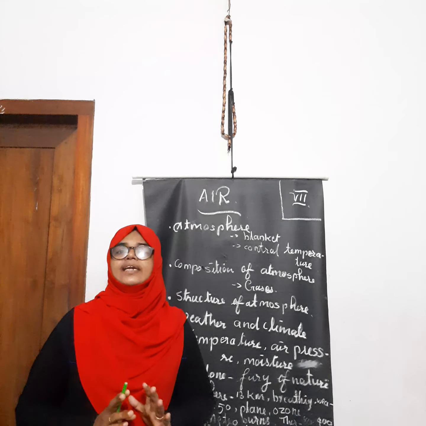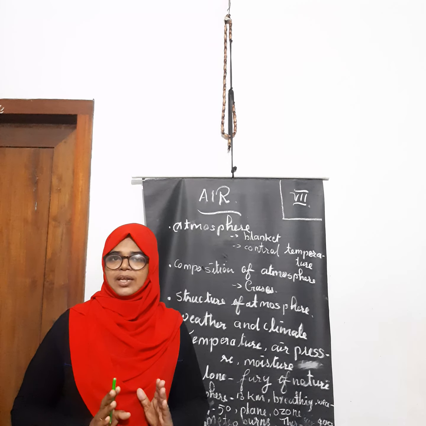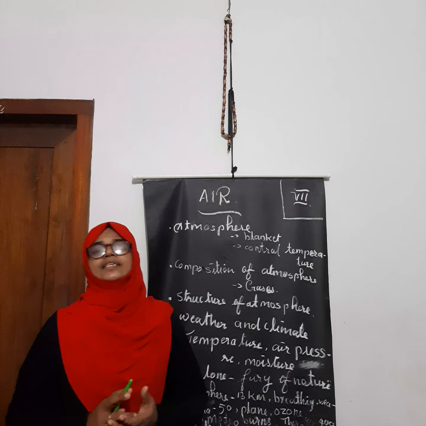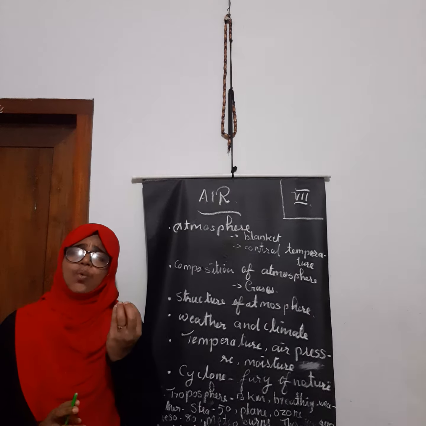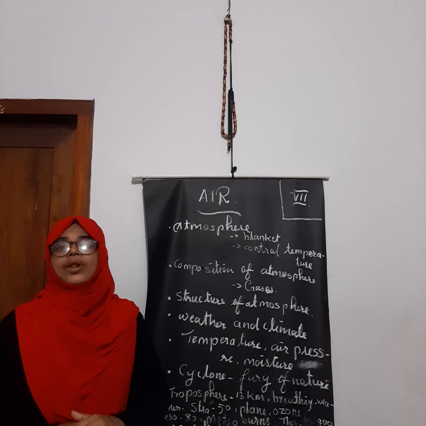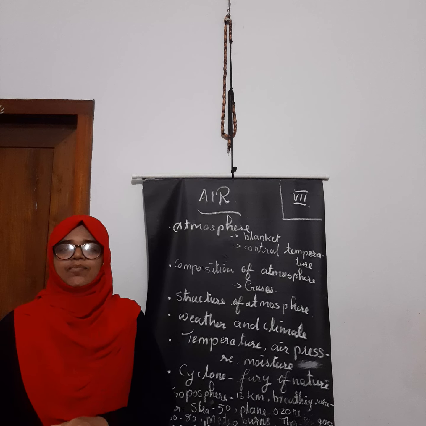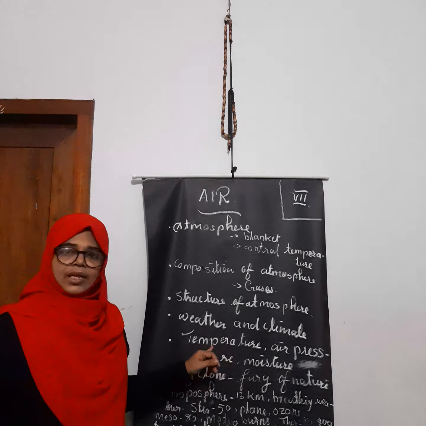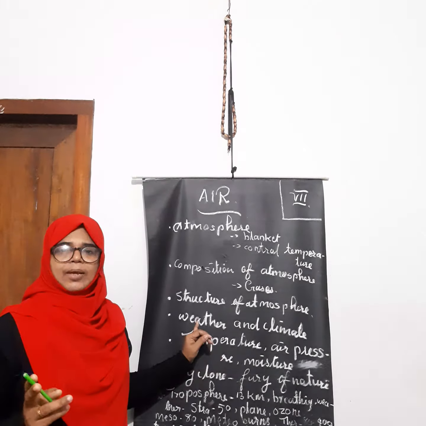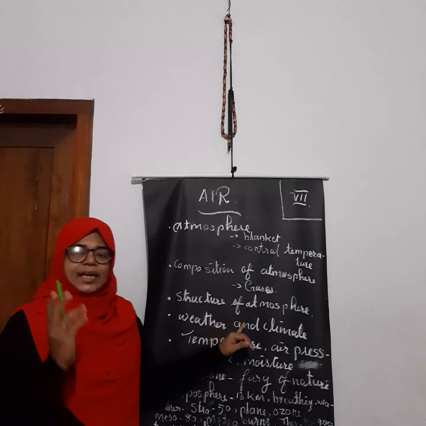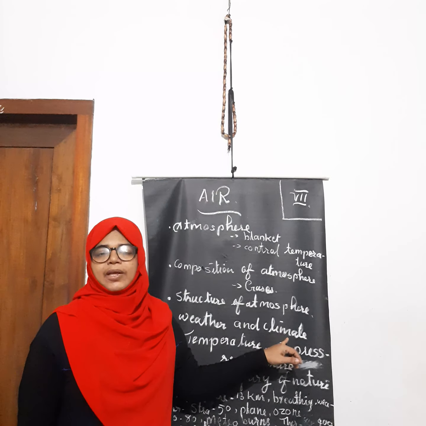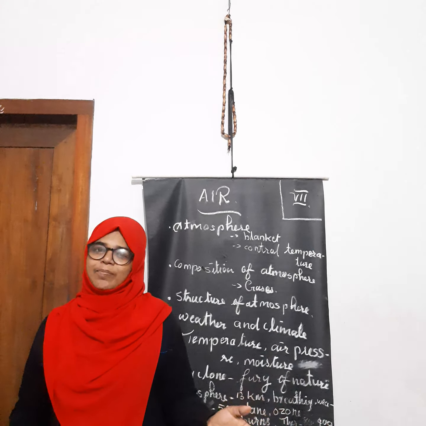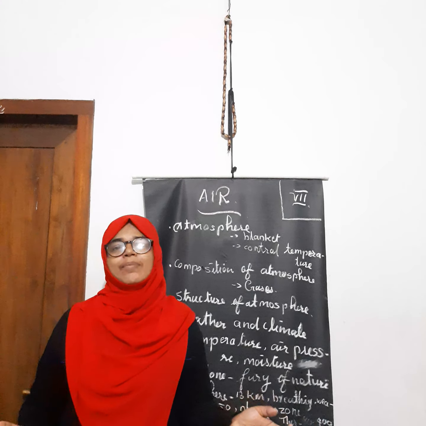Weather is the condition of the atmosphere, the changes in the condition of the atmosphere for a short span of time, a little duration. That's called weather. It is experienced for a little time only, whereas climate is experienced for a long, prolonged time duration.